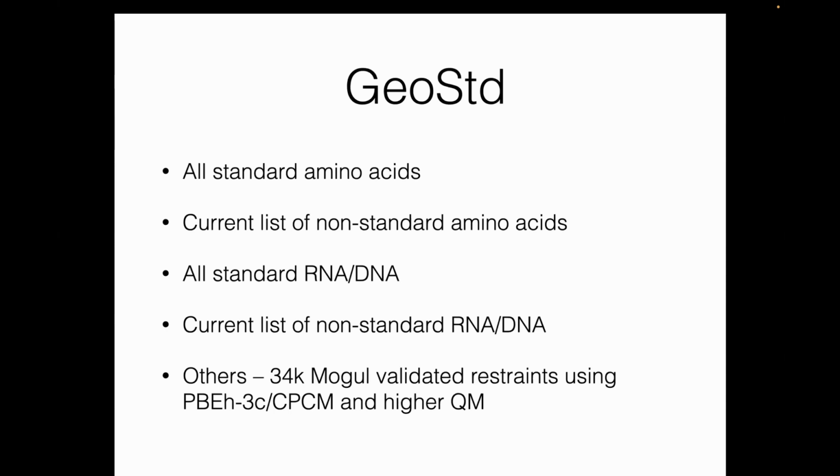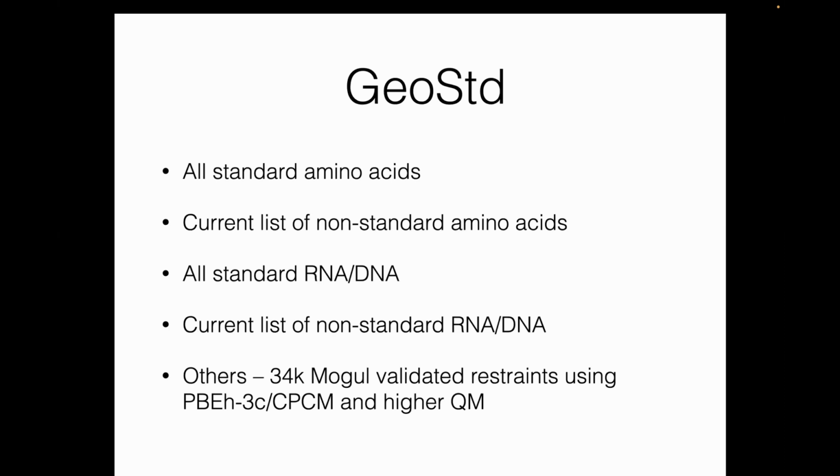Now, the geostandard has all of the standard amino acids, and it has also got all of the non-standard amino acids, and the same goes for nucleic acids. Standard and non-standard is there. Now, I gave a talk on this a couple of days ago about the 34K entities that have been Mogul validated using this level of quantum chemistry, and I'm going higher as well.